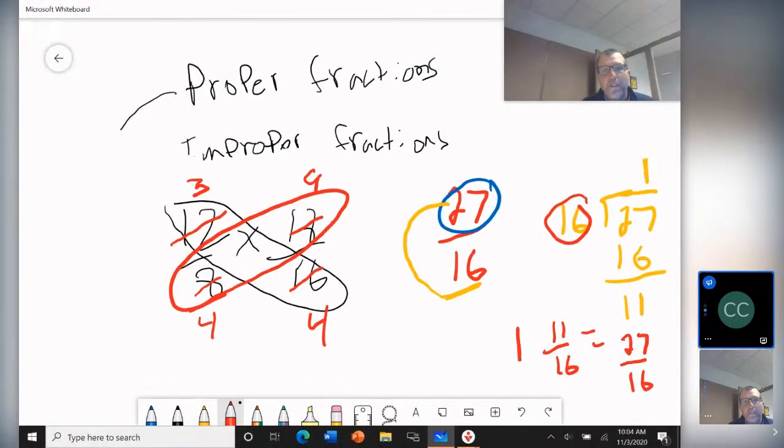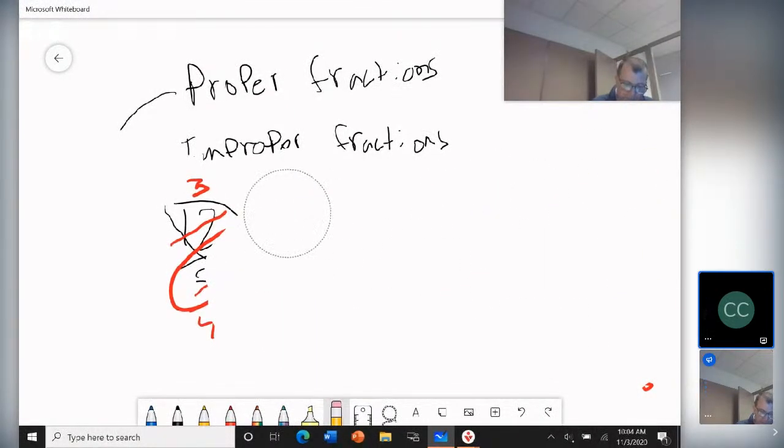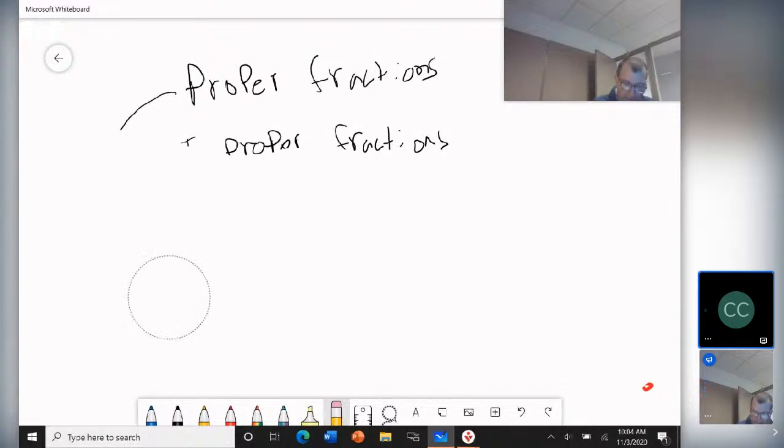But we have to convert the improper fraction to a proper fraction. And this is proper again because the numerator is smaller than the denominator. Okay? So whenever the top number is bigger, we just divide the bottom, the denominator, into the top number.